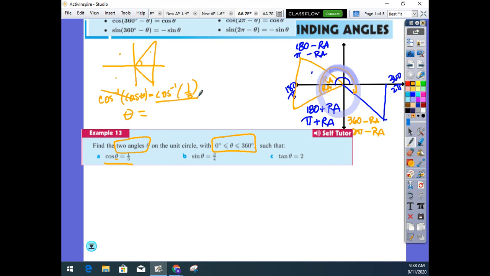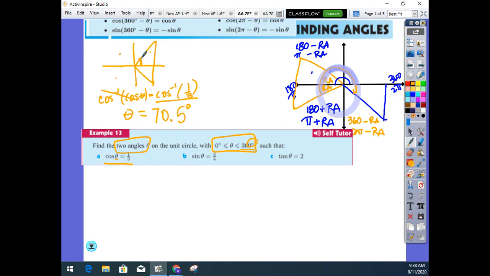Now you might want to check, since this wants degrees, check your mode and make sure it's in degrees. So you're telling your calculator you want degrees. I get 70.5 degrees.